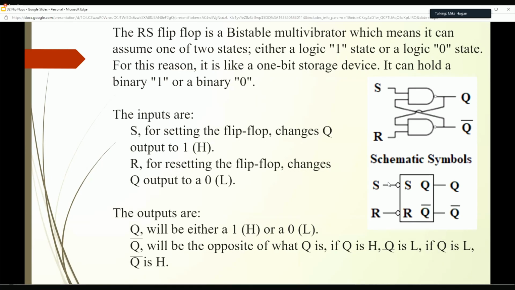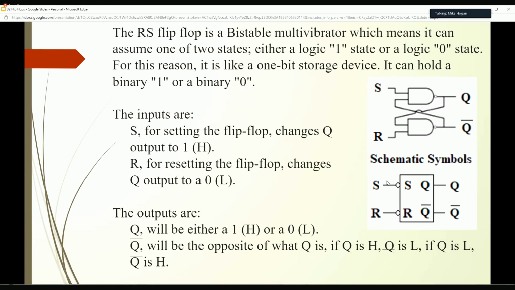For example, since I've got a circle here, I've got this state indicator. This means that set is going to be active when I have a 0. Right? I get a 0 on my S, I get a 1 on reset.